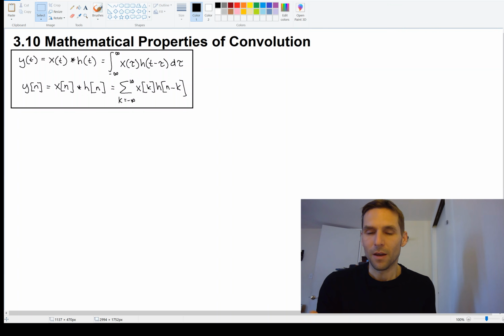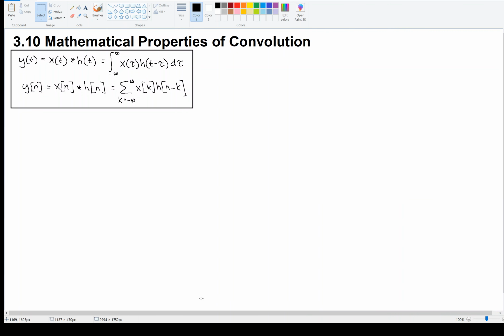Think about multiplication, for example. There are some properties that we know of about multiplication. Addition is a mathematical operation. There are some properties that we know of about addition. So let's take a look at these properties of convolution and how they can help us.